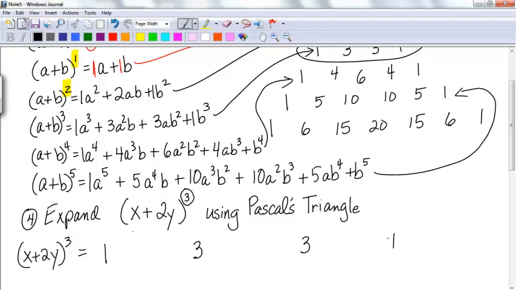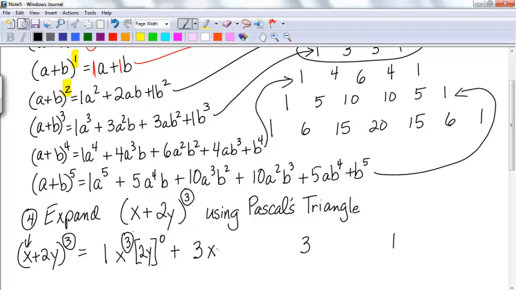With me so far? Okay, so then you take the first term, and it's always x to the n power, x to the third, and then it's the 2y to the 0 power, plus. We already have the coefficients, that's the part that's out front. Now you look at the exponent here.